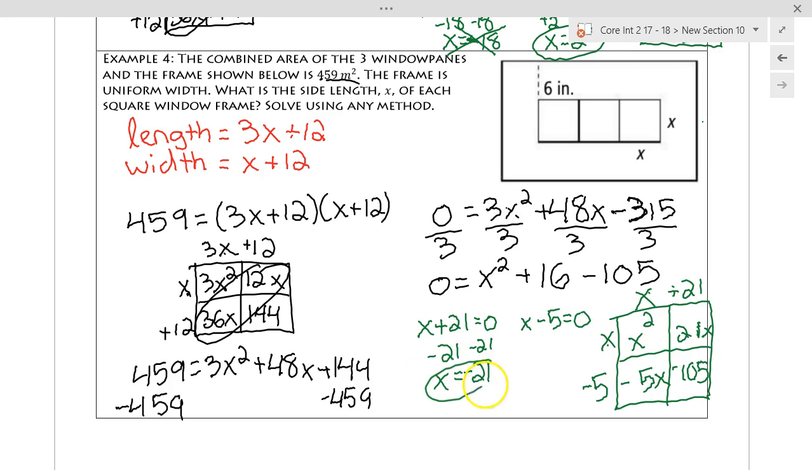So x equals negative 21. And I'm going to add 5 to both sides. So x equals 5. Again, I can't have negative numbers, so x is going to equal 5. All right, go ahead and work on activity 3.